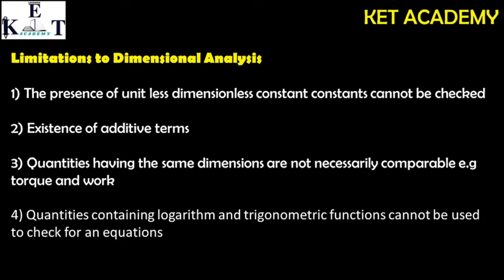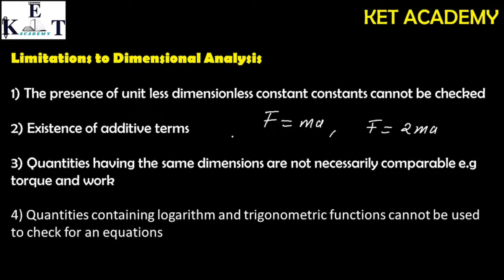If we are to illustrate this, we'll take an example. If we have an equation, let's say F equals ma, and we have another equation F equals 2ma, these two equations are both homogeneous, but one is wrong.